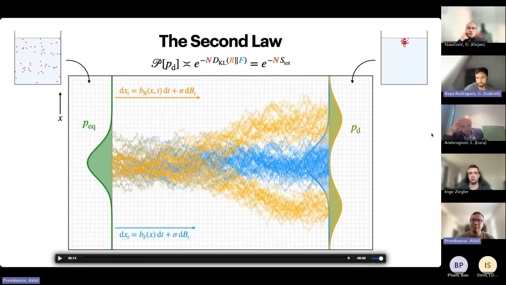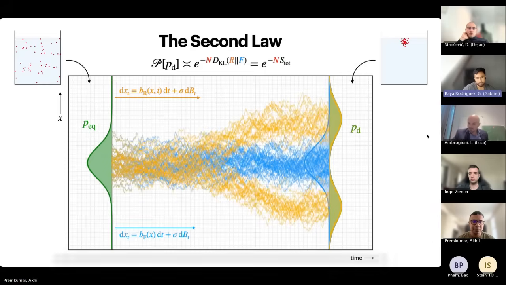Can I ask a question? Yes, please. From this perspective, is there a way that we can understand, because you mentioned that this can be applied to any chosen diffusion process.